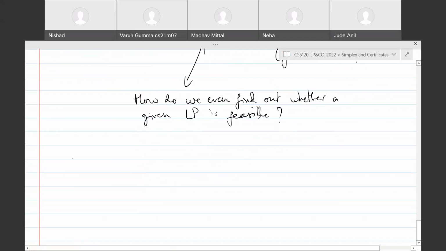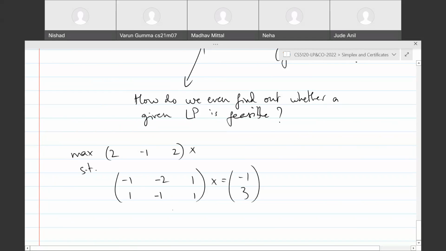Consider the following linear program. Maximize 2, -1, 2 x subject to -1 -2 1 1 -1 1. So let's say this is the LP given to you. It's not clear. You can try all possibilities, but it's not immediately clear how you can find a feasible basis here.